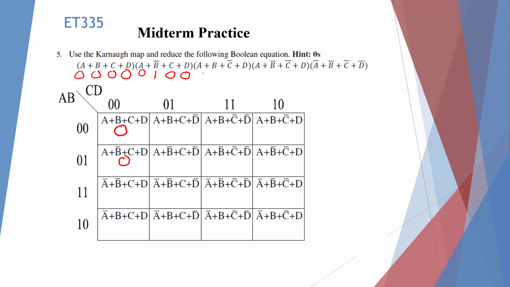And then we have a 0, 0, 1, 0, which is going to be here. And then we have a 0, 1, 1, 0, which is going to be here. And we have a 1, 1, 1, 1, which is here.